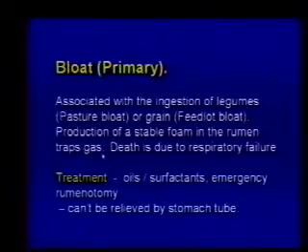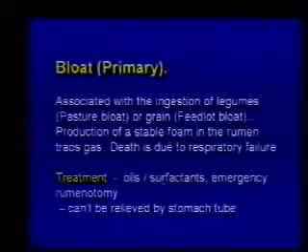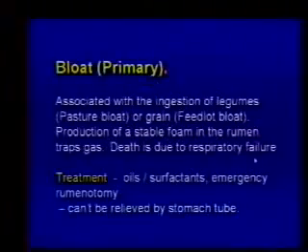Saponins from some of these legumes may combine with the gas, and it may prevent the gas from being eructated or from being relieved, because it forms a very stable complex. Remember that death in these cases is due to respiratory failure. Treatment, if it's not an end stage, if it's not very severe, we simply pass a stomach tube to relieve the gas.